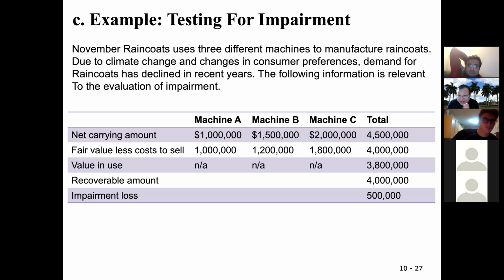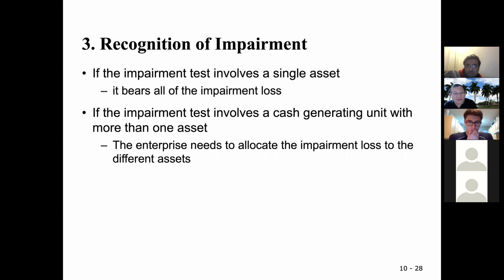Here you have a total impairment loss of 500,000. How much are you going to allocate to A or B or C? That's a very good question. A weighted percentage?